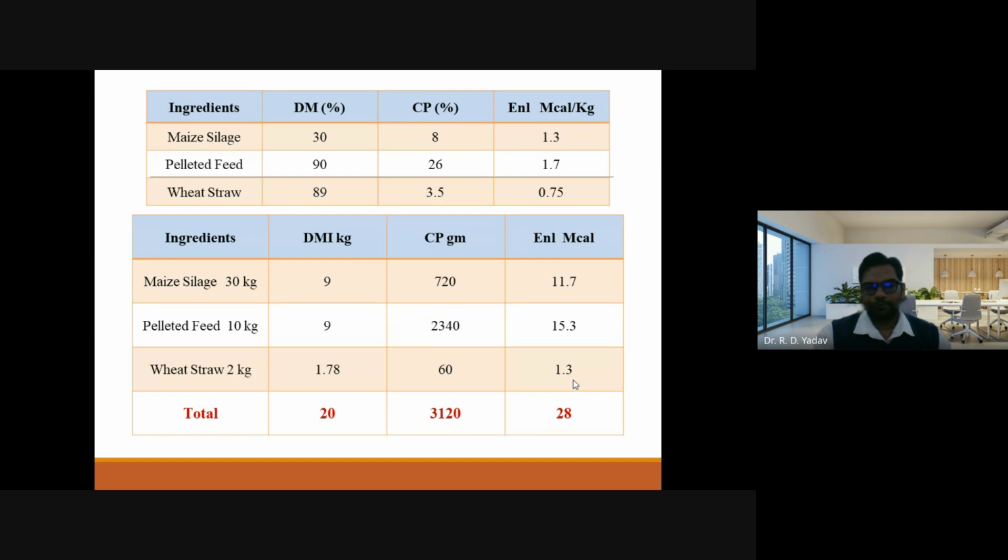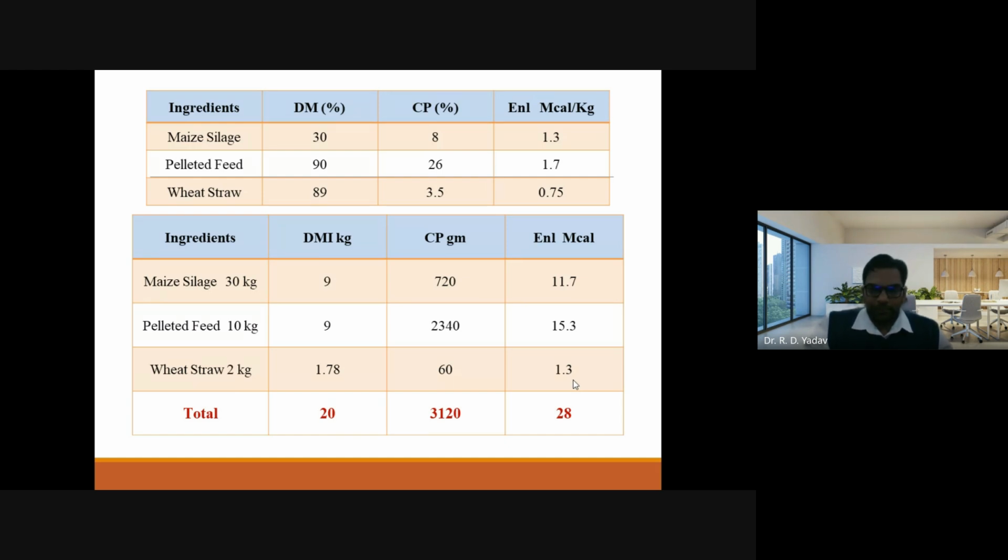So if you give maize silage 30 kg, on dry matter basis it will be converted into 9 kg because it contains only 30% dry matter: 30 multiplied by 30 divided by 100. Next, pelleted feed contains around 90% dry matter, so on dry matter basis it will convert into 9 kg, likewise wheat straw.